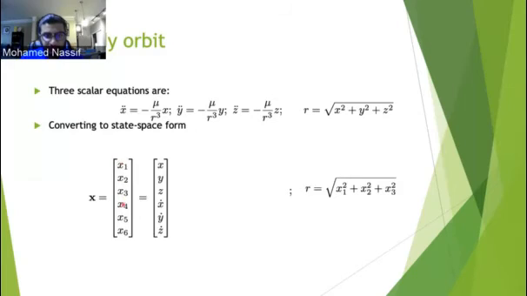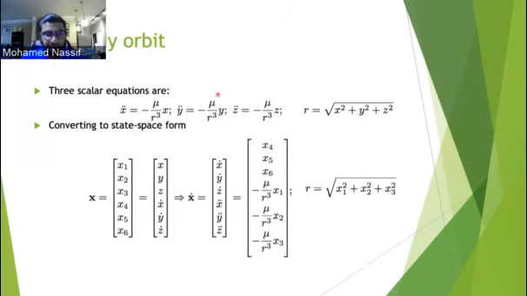You have x1, x2, x3, x4, x5, x6. So we just take the time derivative again, and then we get x dot, y dot, z dot, x double dot, y double dot, z double dot. But we know what x dot, y dot, z dot are: these three are just x4, x5, x6. And the rest is just these equations right here.